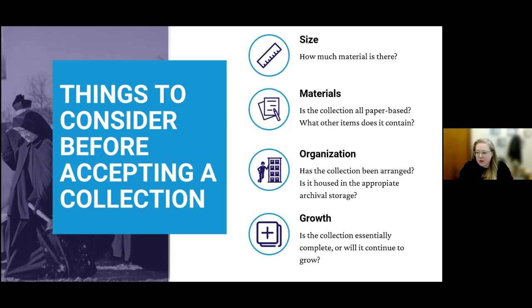Another question that both sides need to address is, will the collection continue to grow? Is the material transferred at the point of agreement the bulk of the collection, or is it expected to grow significantly in the coming years? If it's expected to grow, does the repository have the space for additional materials?